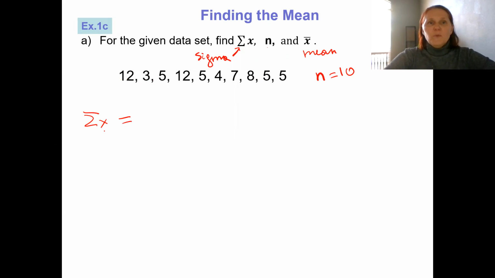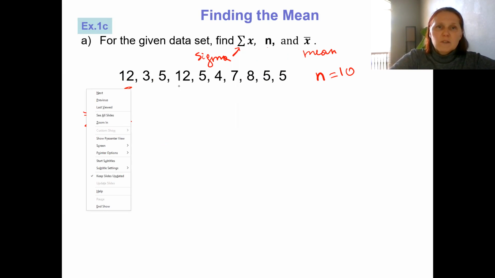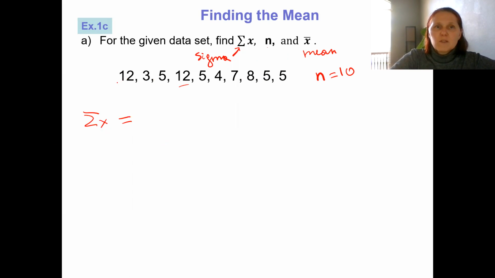And here we can simplify our work a little bit, since we have several similar numbers like 12 and 12. We can write 12 times 2. Then we have only 1, 3, so plus 3. Then we have 5, 5, 5, and 5, 4 times.